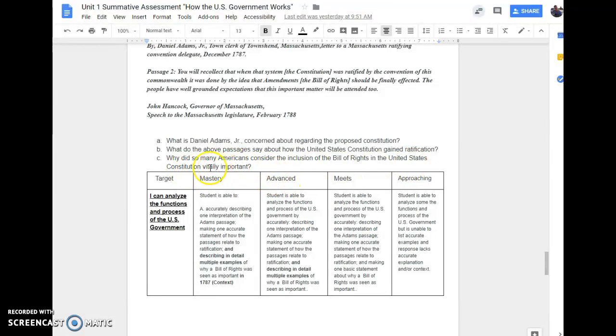Vitally being critical. So think about our discussion about the Bill of Rights, about John Locke's theory of life, liberty, and property, natural rights, and let that guide you if you choose this question. And again, here's the scoring guide. It will guide you through how to move from meets to mastery.